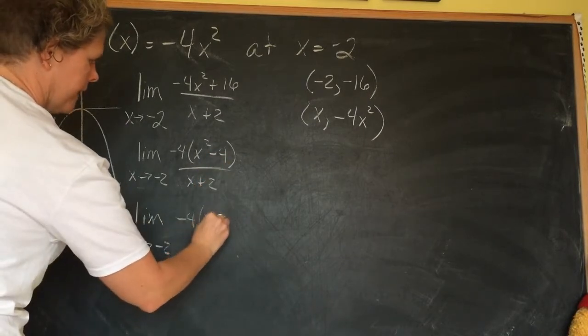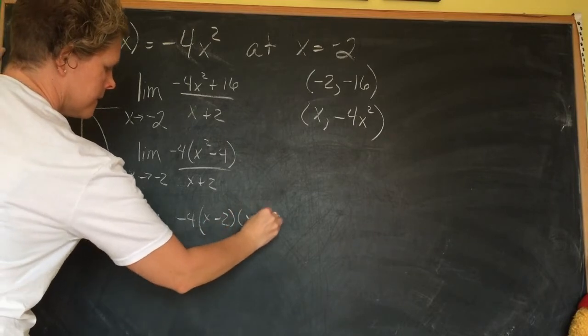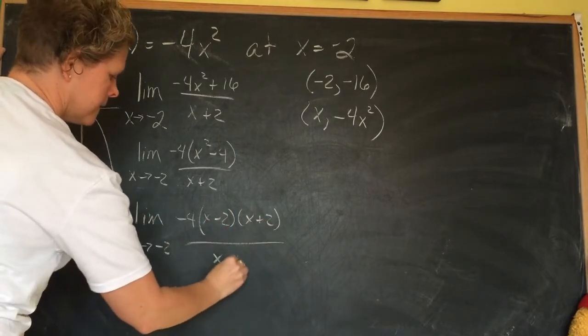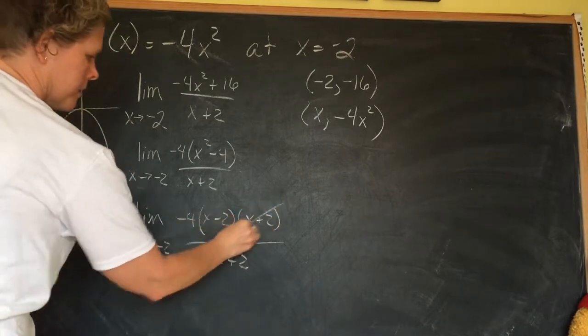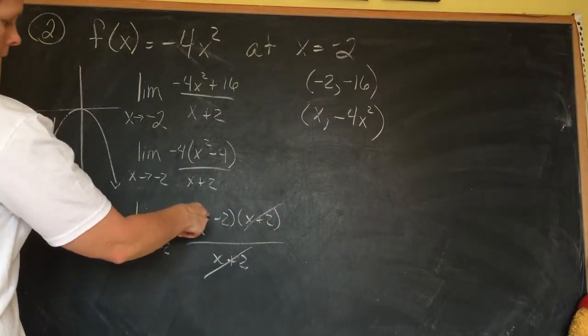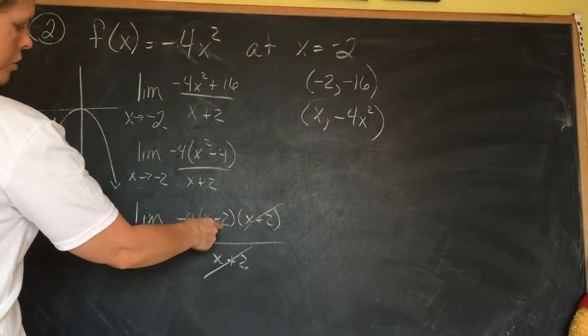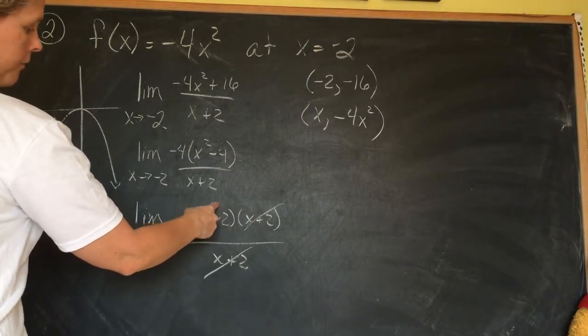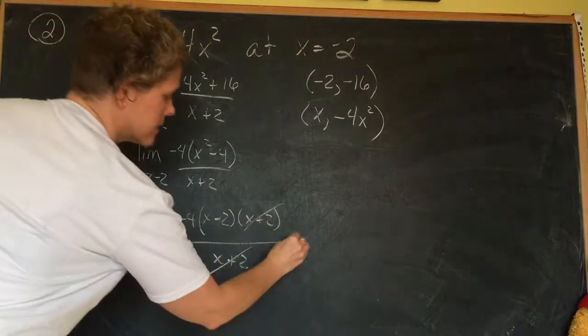I'm going to factor that. So that cancels, which is good. If I plug -2 in here, -2 minus 2 is -4. -4 times -4 is 16.